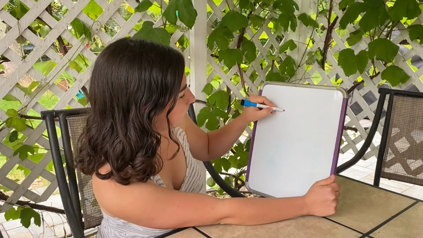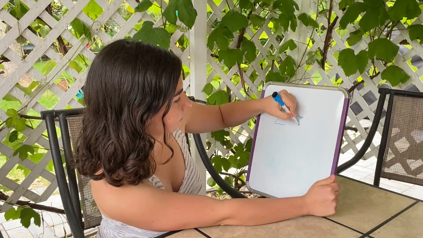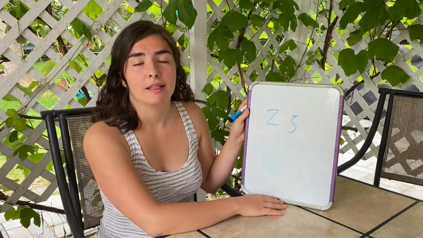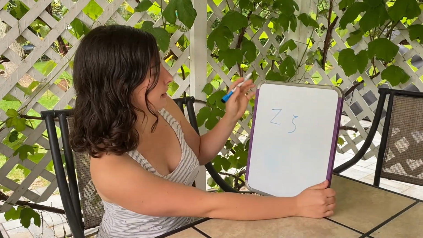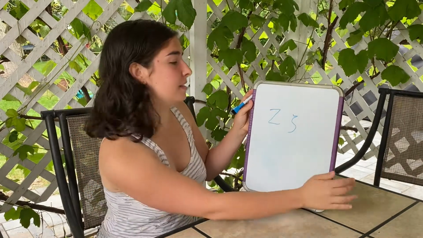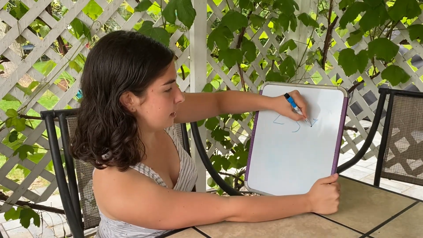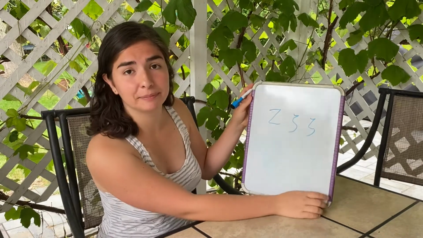Zeta, zeta. So, this is our Greek Z. I can probably write that letter better, but in uppercase, it actually does look like a Z, and then in lowercase, it's like a Z with a little tail.